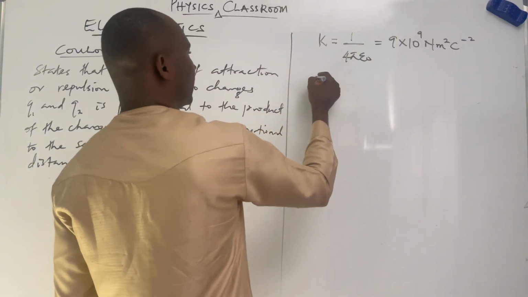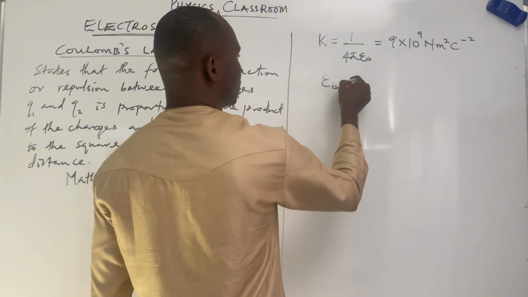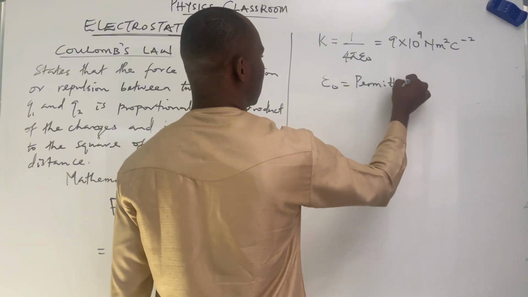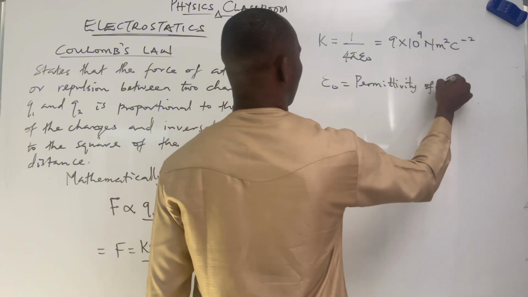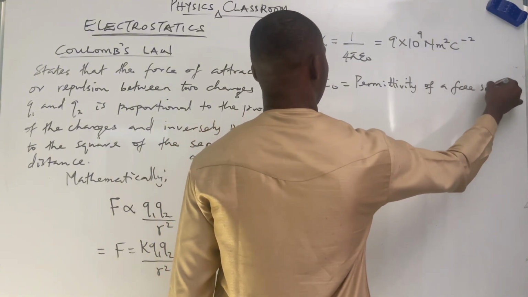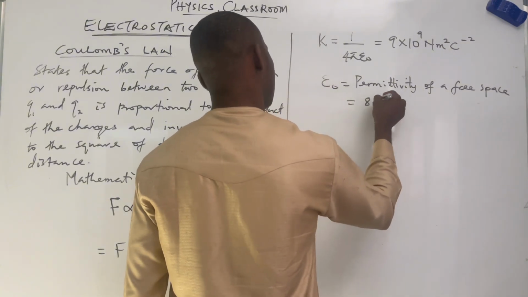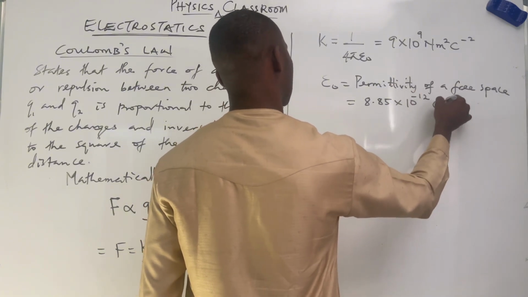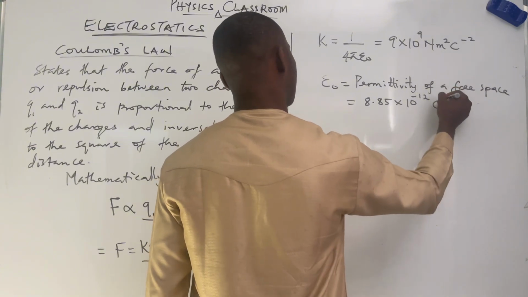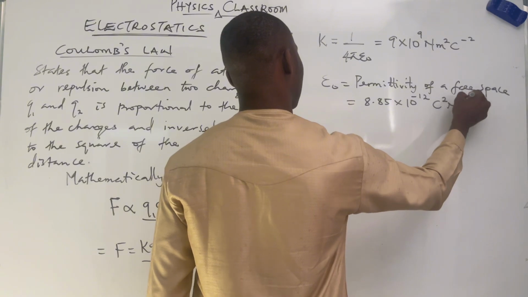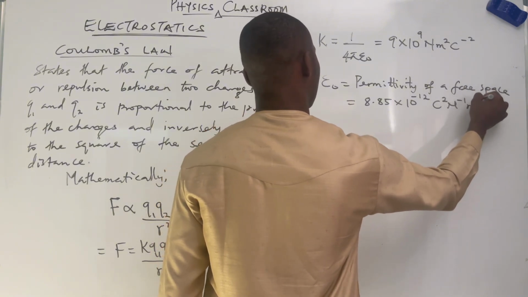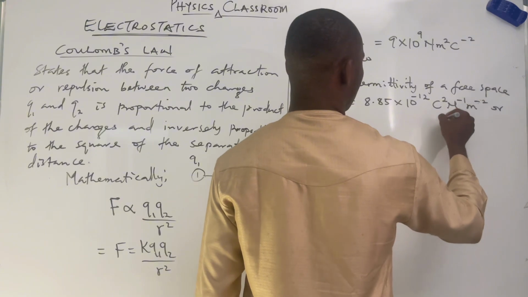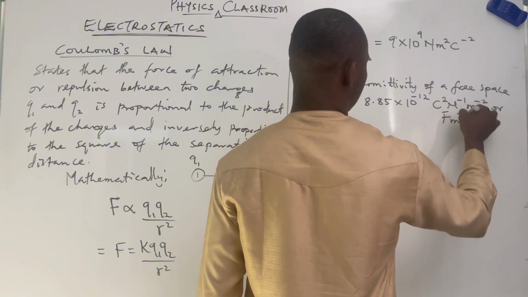Take note. Then also note that E naught, which connotes permittivity of free space, is equal to 8.85 times 10 raised to the power of minus 12, in Coulomb square per Newton per meter square, or it can be expressed as farad per meter.